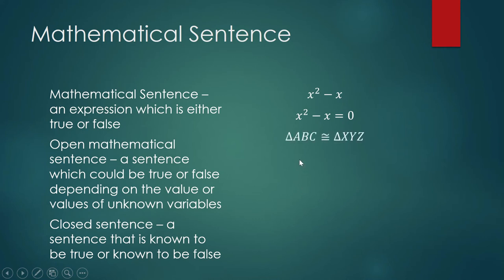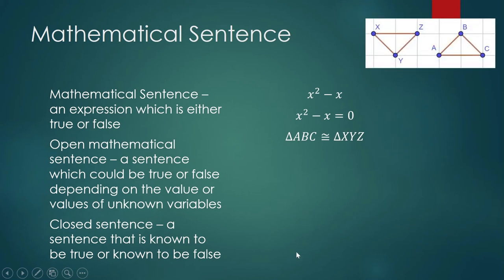How about this? Triangle ABC is congruent to triangle XYZ. Is this true or false? Or is this even a math sentence? Yes, it is a math sentence. But is it true or false? How can we tell? Where are the triangles? Let's say, for example, these are your triangles. They look congruent.